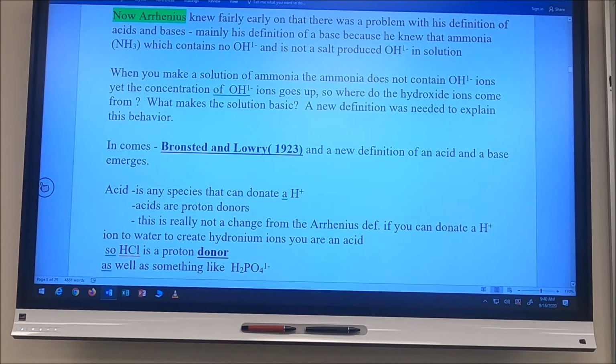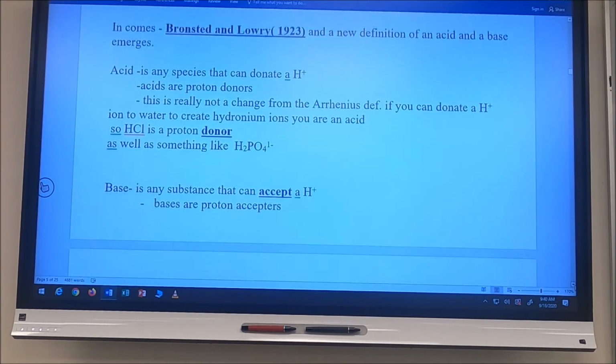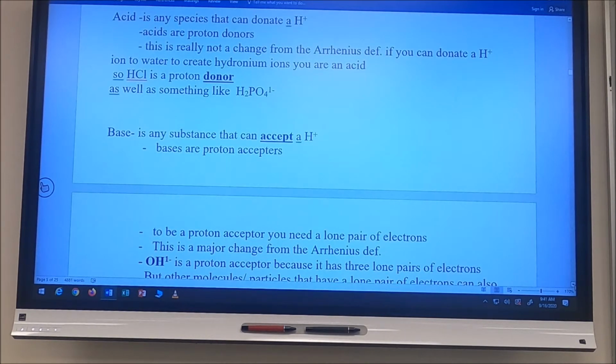So, under the Bronsted-Lowry definition, which, by the way, guys, is the most commonly used definition for acids and bases, an acid is a species that can donate a hydrogen ion. So we talk about acids being proton donors. This isn't really a change from the Arrhenius definition, because all Arrhenius acids are hydrogen ion donors to water to create the hydronium ion.